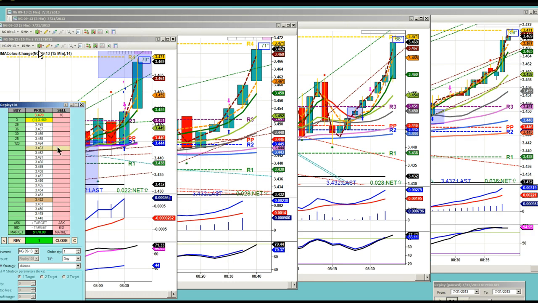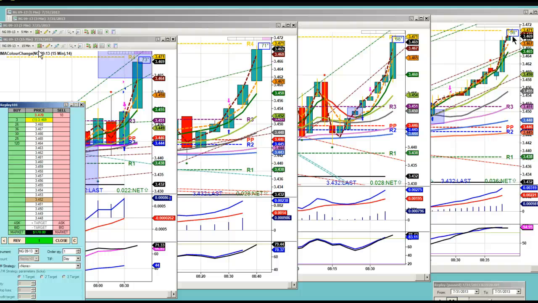Now I could have been conservative and put my first exit point where it first was, and just taken a few extra ticks and gotten out. But what I want to show you is how the market's not really bothered by the R3 and how aggressively it will go to the R4.